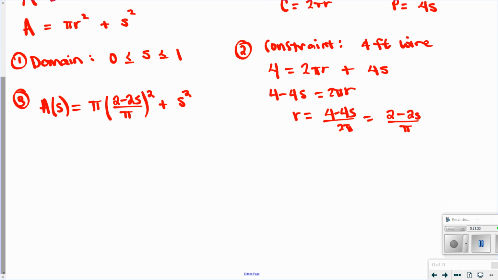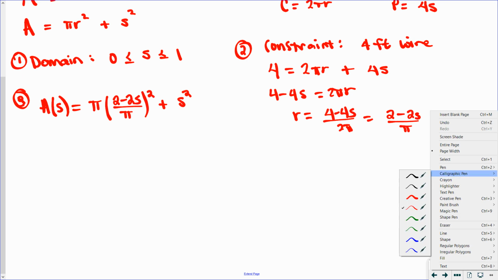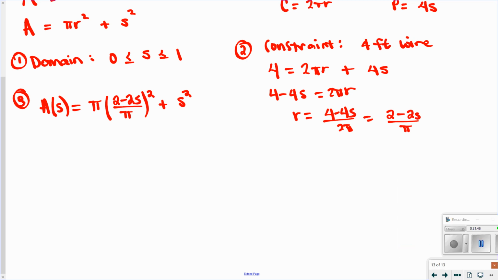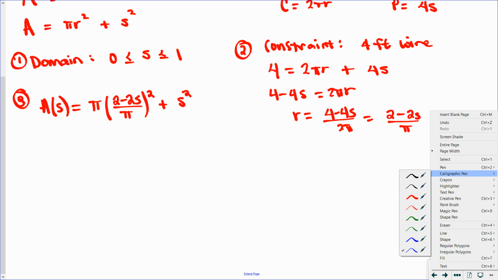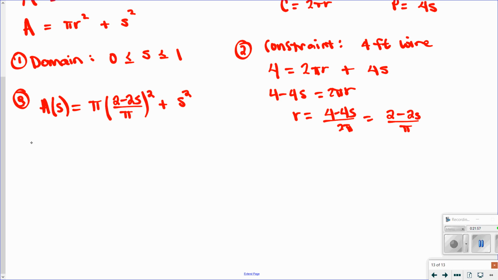Now, differentiating that is going to be difficult, so I'm going to start by doing some rearranging here. What I notice in simplifying is that this is going to end up being pi squared down here. Let's go ahead and square the top first. I think it'll be easier for you to see.